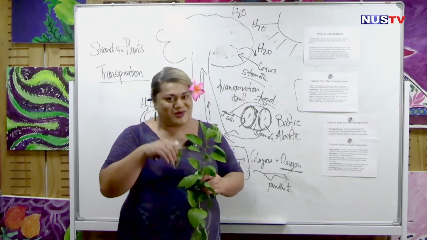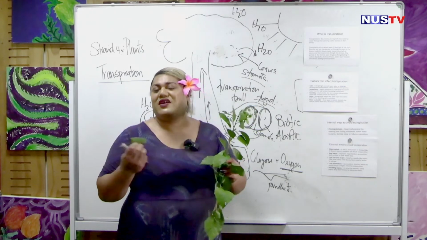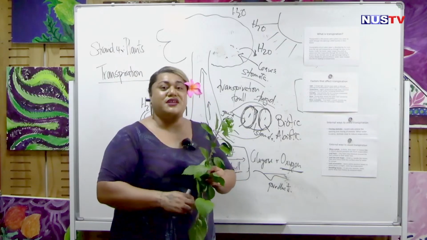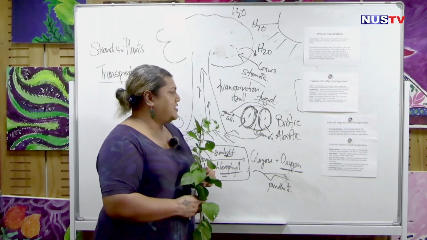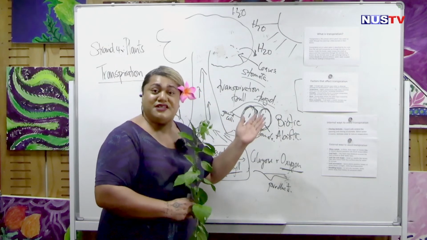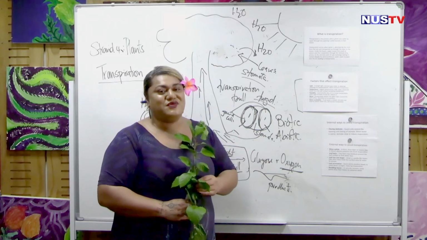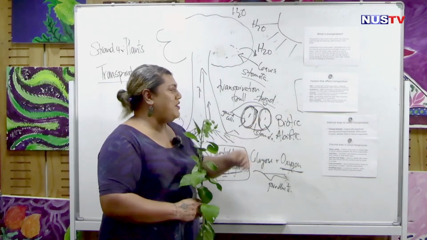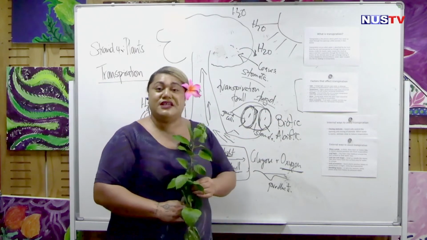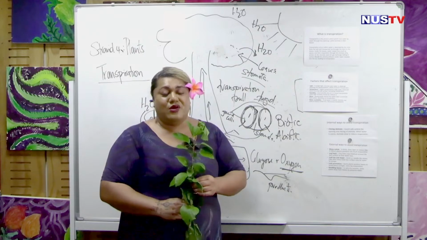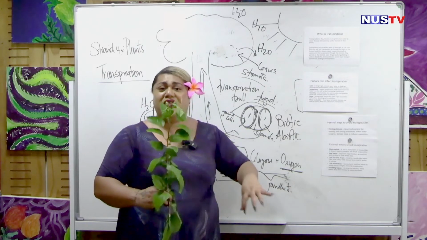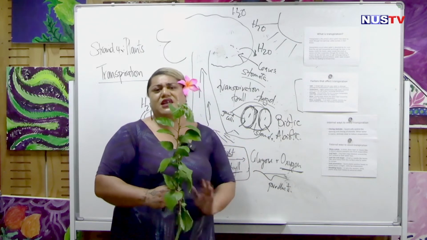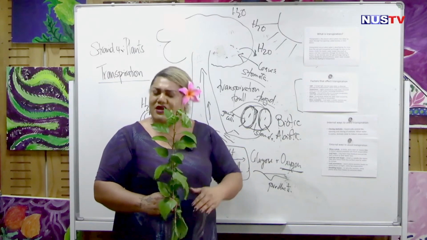Increase the humidity, and the rate of transpiration decreases. Increase the wind, and the rate of transpiration increases. And last but not least, water availability: if there is plenty of water, there will be a greater osmosis push and more water lost.